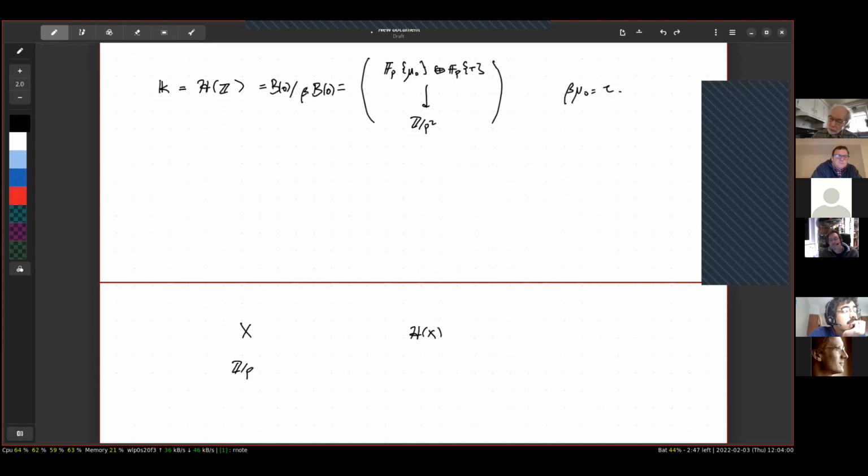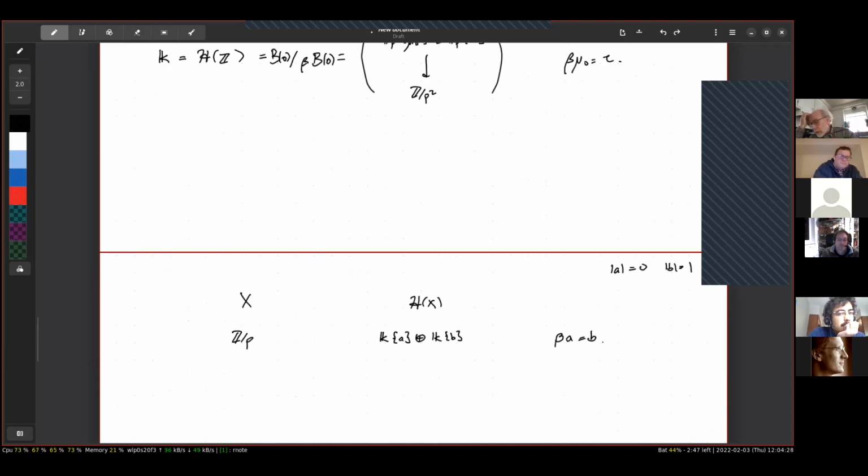But we can try to write it in terms of K. As a group, or as a chain complex, it's K in degree 0 plus K in degree 1. But then there's a relationship where beta of A is B. So this just recovers the description of B0 itself.